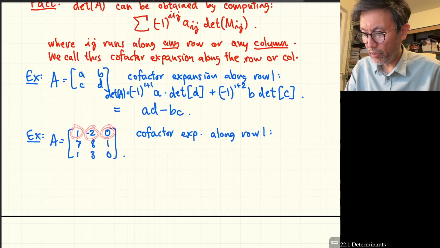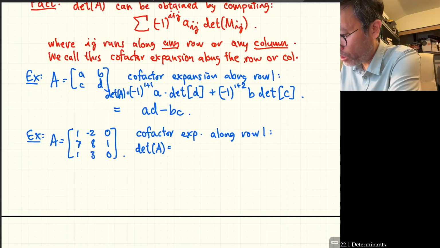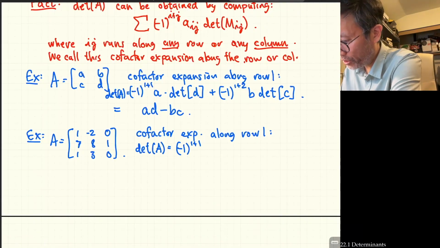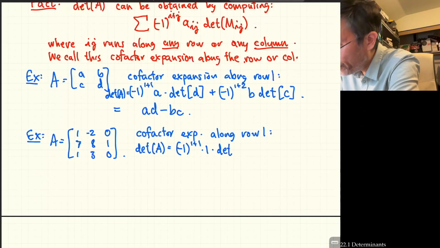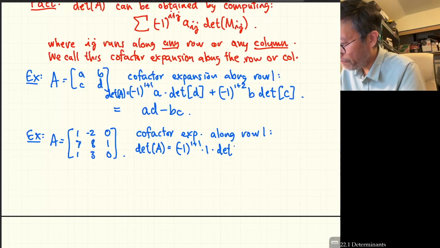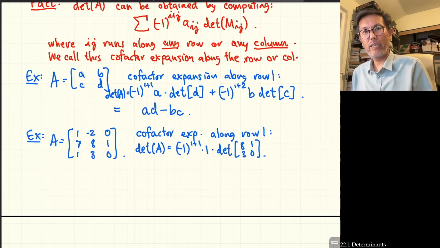Starting with the 1 1 entry, the determinant of A is going to be -1 to the 1 plus 1 times a sub 1 1, which is 1, times the determinant of the 2 by 2 matrix that I get by deleting the first row and the first column. So that's going to be the determinant of 8, 1, 3, 0. That's my first term in my determinant. I'm going to have 2 more.